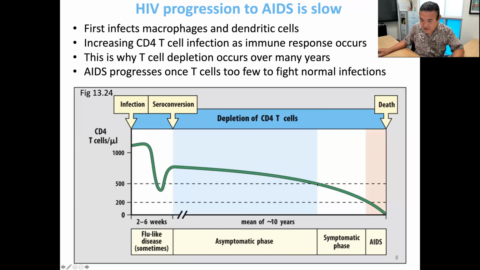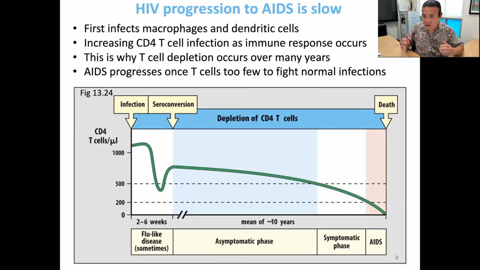But once that threshold is crossed, this phase over here in the white, this is when they begin to develop symptoms, right? Certain things that normally wouldn't make them sick start making them sick, right? And then eventually, once those CD4 helper T cell levels drop below the really critical level, then their adaptive immune response no longer can function at all, right?